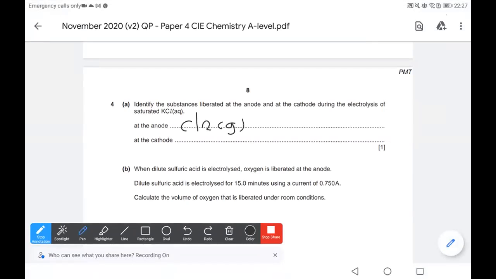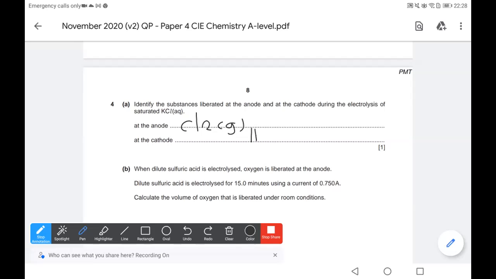At the cathode, K+ is there, H+ is there. When we take potassium and water, potassium is more active, hydrogen is less active. So potassium is not the one that reacts first, it's water.